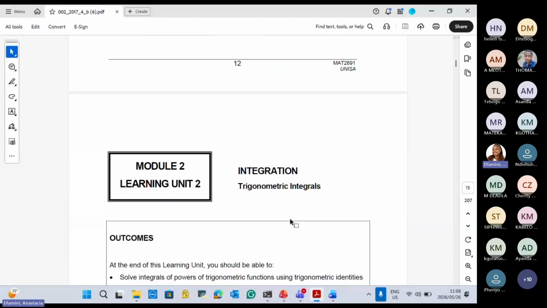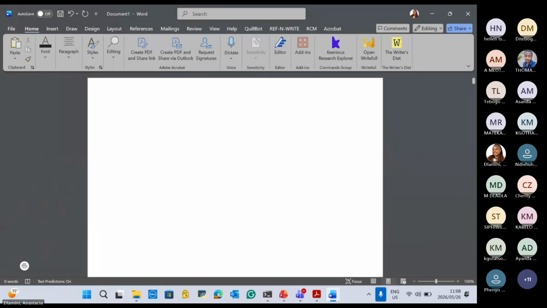Now, remember that last week we started with the standard integrals, right? Just the same way when it comes to differentiation, we started with the standard derivatives. Now, today, the first two important ones are when you integrate. Why is the pen not writing? There we go.